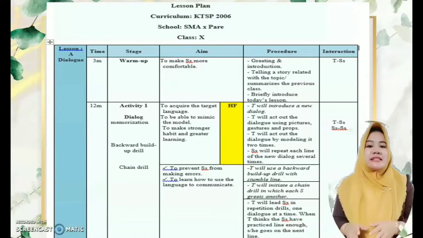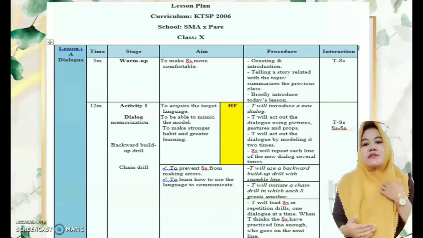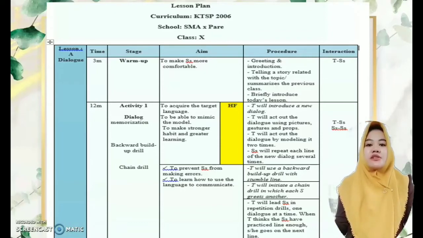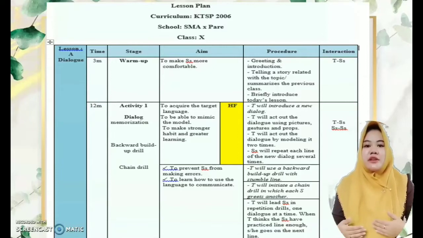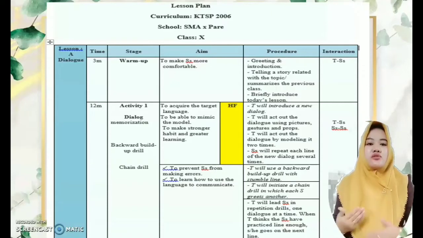So here is the lesson plan. The first activity, the opening activity, is a usual warm up. It aims to make students feel comfortable, and the procedures are giving an introduction or greeting and summarizing the previous class or briefly introducing today's lesson.